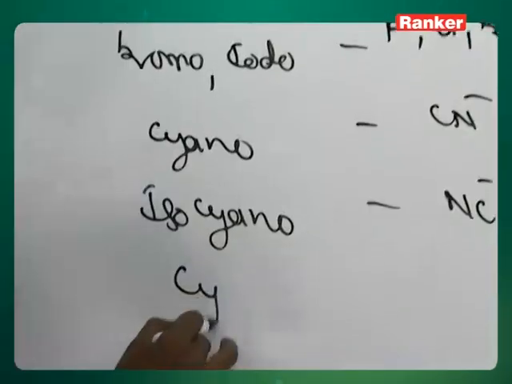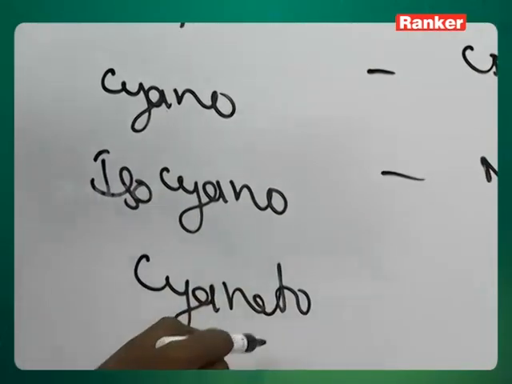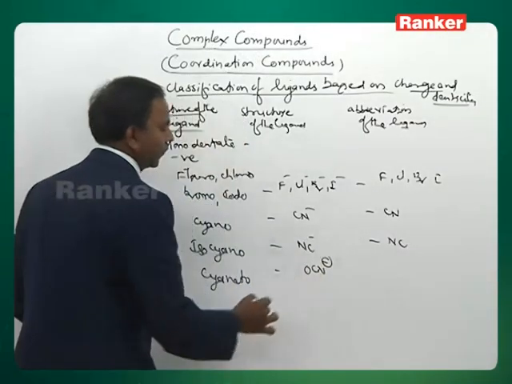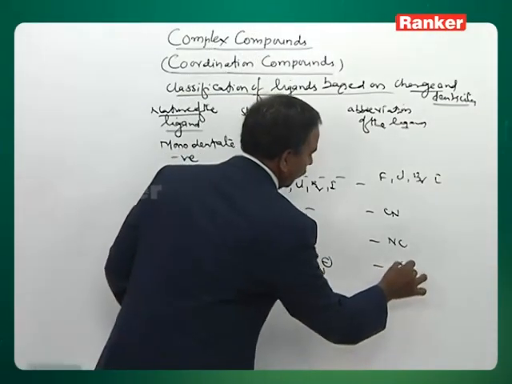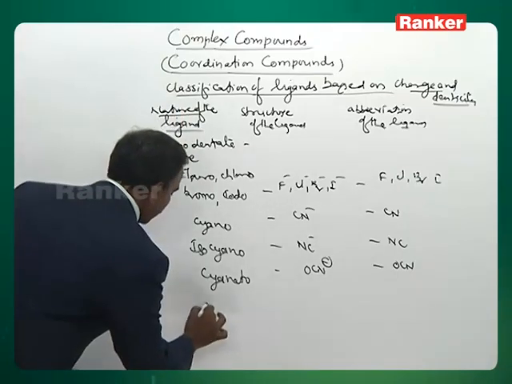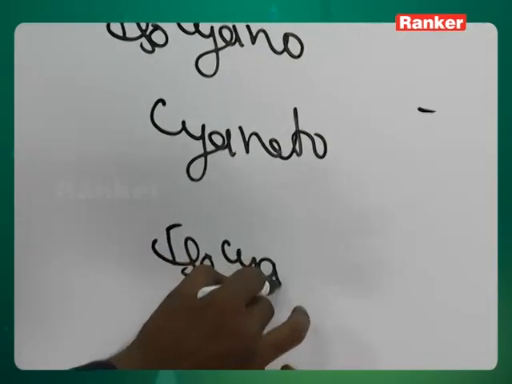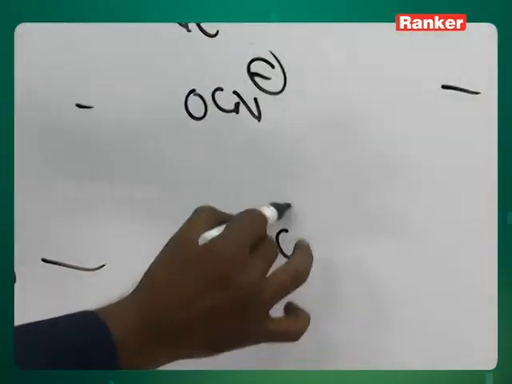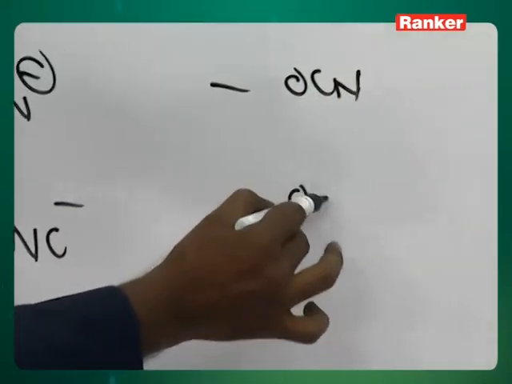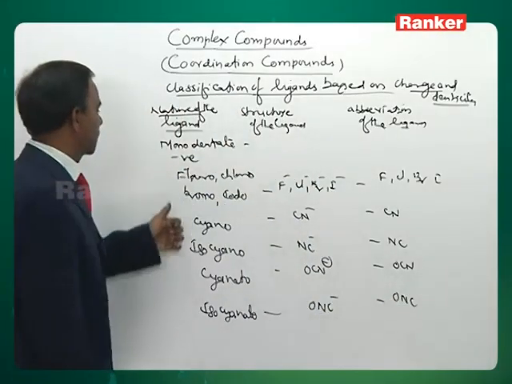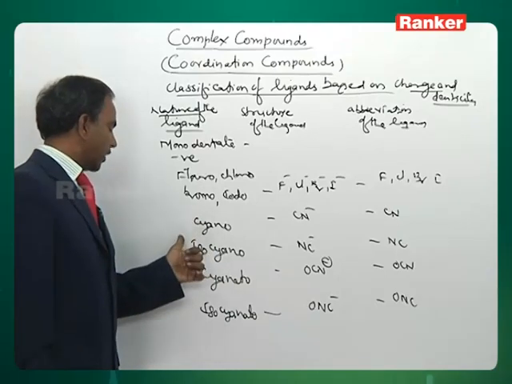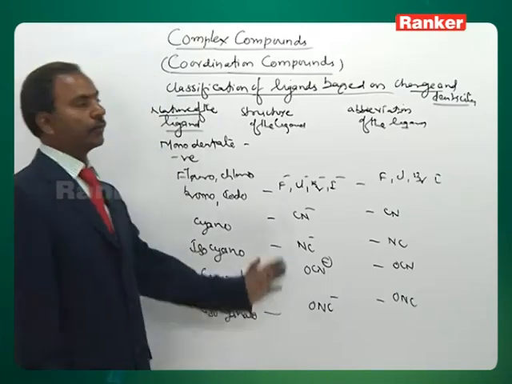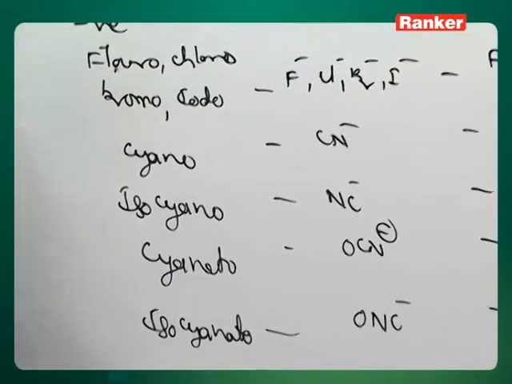Next cyanato, we can consider simply OCN minus, it is OCN. Isocyanato, ONC minus. Like this, fluoro, chloro, bromo, iodo, cyano, isocyano, and again cyanato, isocyanato. These are some of the monodentate negative ligands.